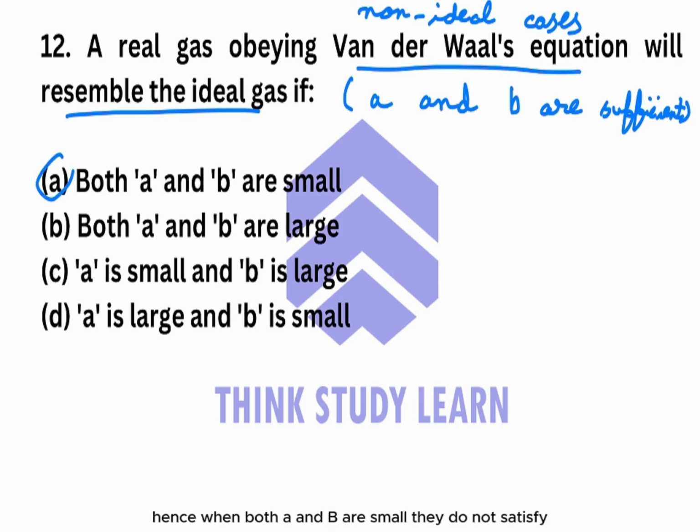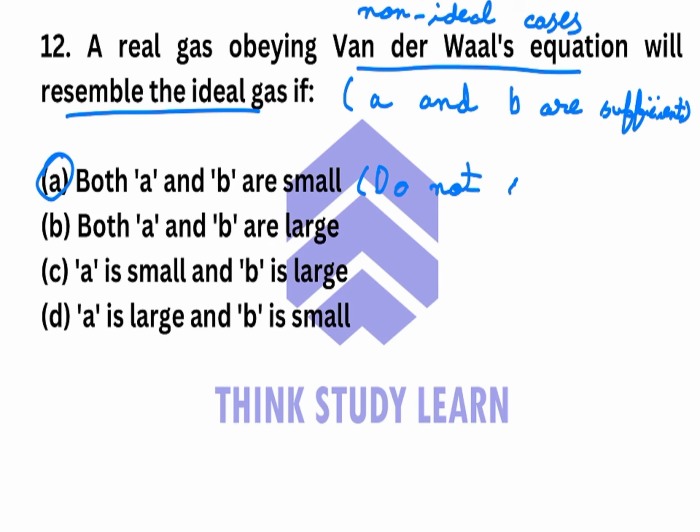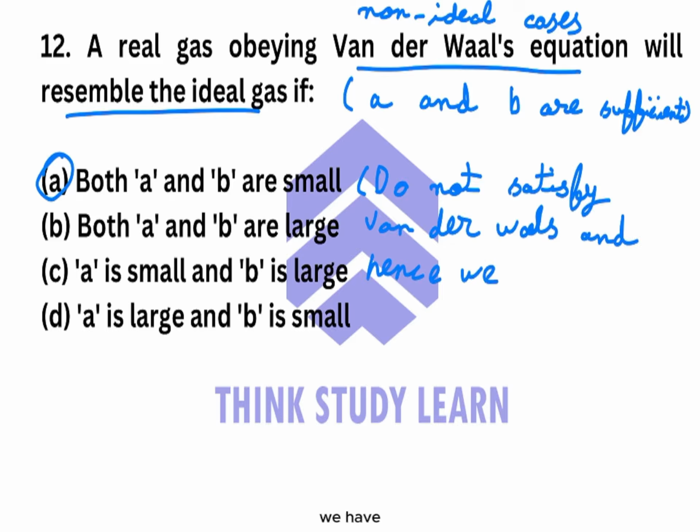Hence, when both A and B are small, they do not satisfy van der Waals, and hence we have an ideal gas.